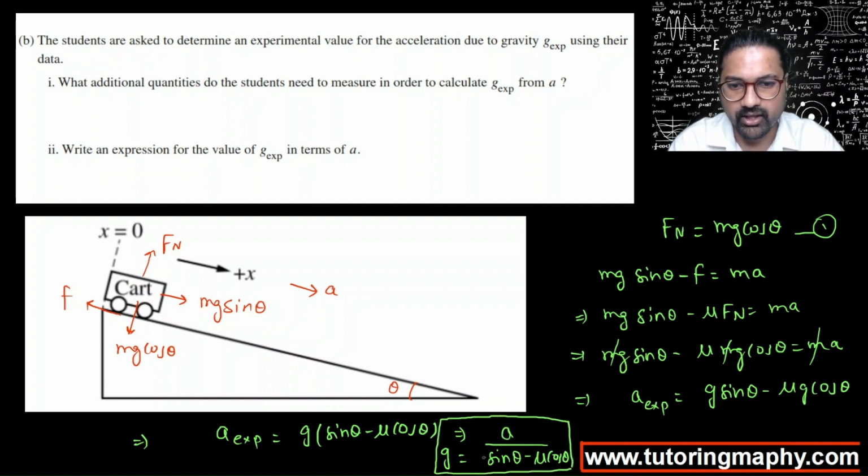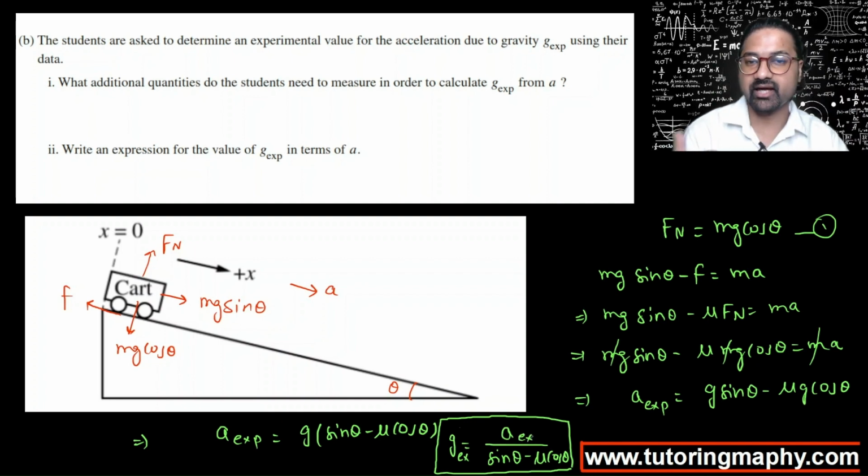All right, this looks a little bit confusing, the g comes right over here. Okay, so obviously to find the value of g experiment, we already have the value of a experiment. However, we need to know the value of mu of the surface. So that's not something which we measure, right? We just need to know what type of surface that is, and we need to find out from the internet the corresponding value of mu for it.